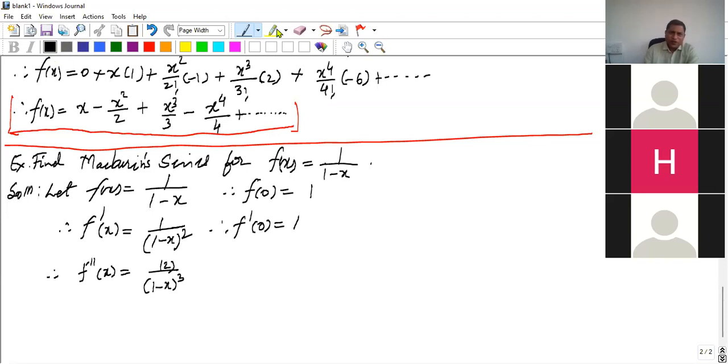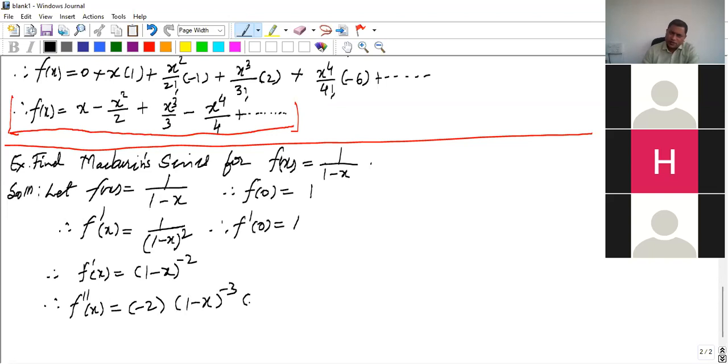Or we simplify, okay? So see what we have. We have f dash of x as (1 minus x) bracket raised to minus 2. Is that okay? Can we write it like this? Now differentiate. So we'll be having f double dash of x. So this will be minus 2, (1 minus x) raised to minus 3, and the derivative will be minus 1.